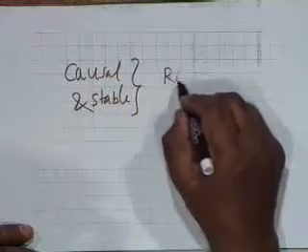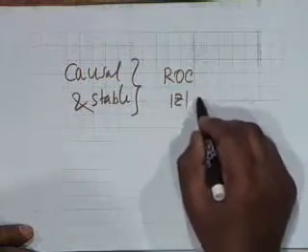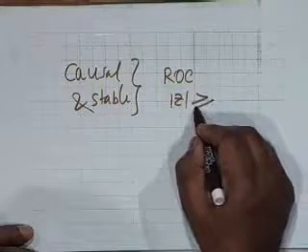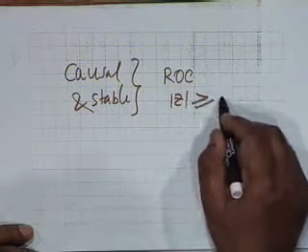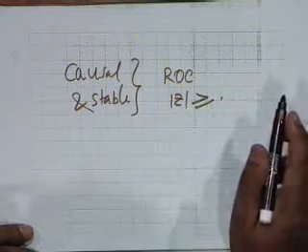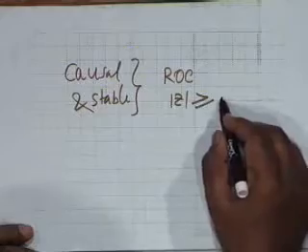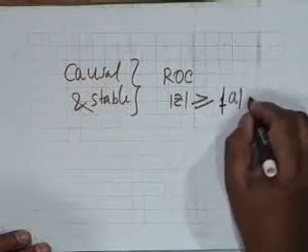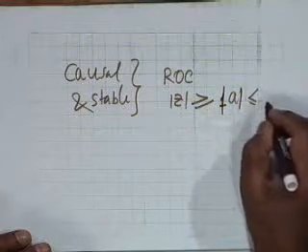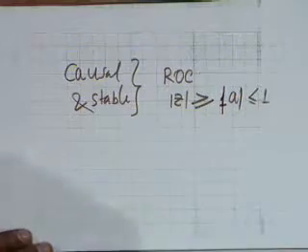ROC is mod z greater than mod A, where A is less than 1. So it is at least mod z greater than or equal to 1. Yes, it could be less than 1. So we can say something like mod z greater than mod A, where mod A is less than or equal to 1. Satisfied?